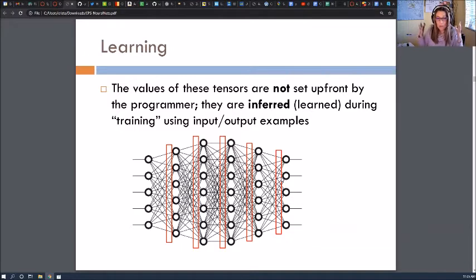It remembers. This is basically an optimization where these weights need to honor all the input-output examples that have been seen. They have to be the best possible weights that explain the examples given to train, what's called training the network.